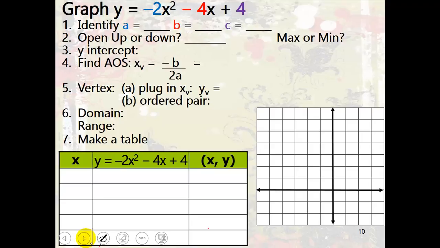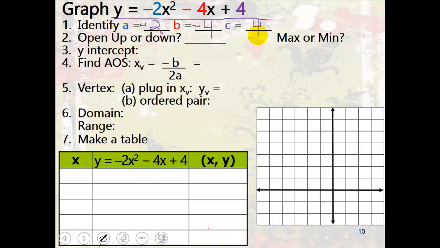Here's my equation that I want to graph, negative 2x squared minus 4x plus 4. So let's get our A, B, and C identified. A is negative 2, B is negative 4, and C is 4. Okay, so hit pause and determine if this graph opens up or down and whether you have a maximum or a minimum.